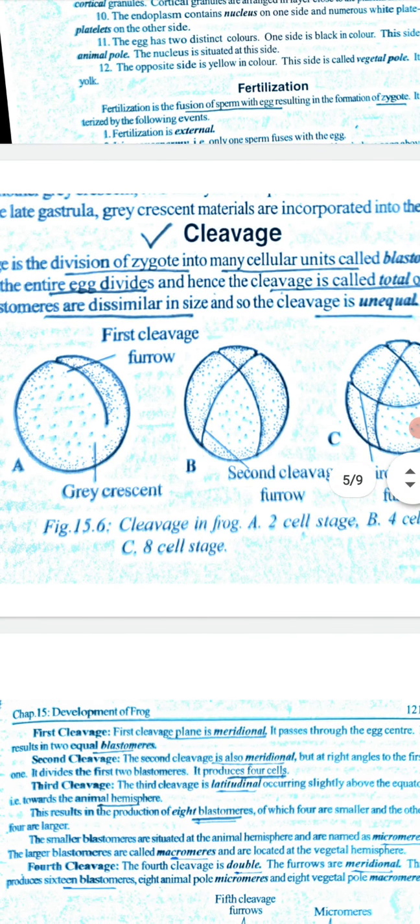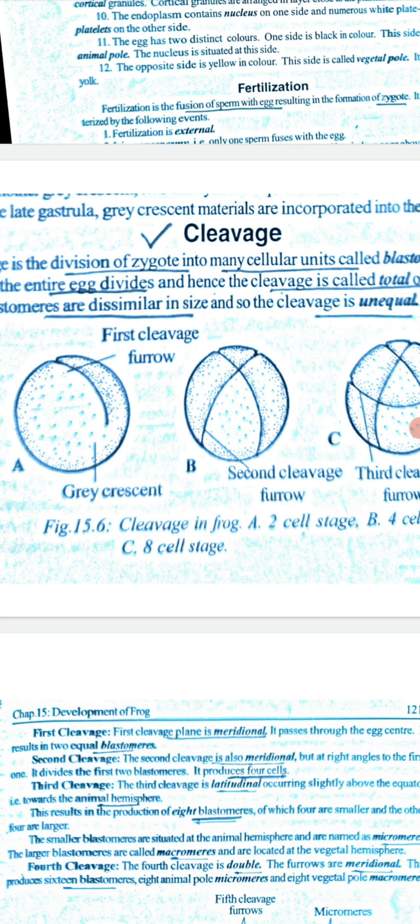The cleavage is of the following types: first cleavage, second cleavage, third cleavage, fourth cleavage, fifth cleavage. In this way five types of cleavage are present.